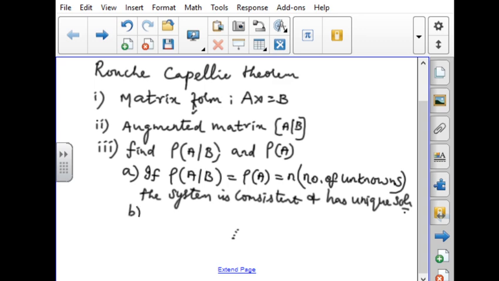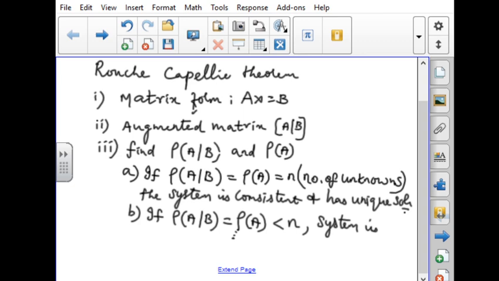Next, the second condition: if rho of [A|B] is equal to rho of A is less than n, less than the number of unknowns, then we can say that the system is consistent and has infinitely many solutions.